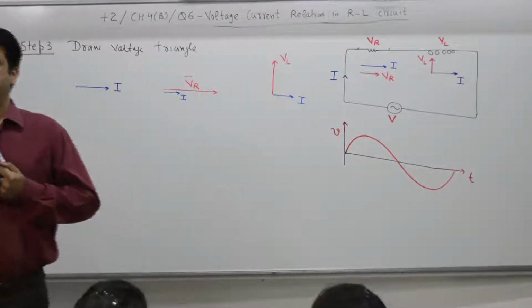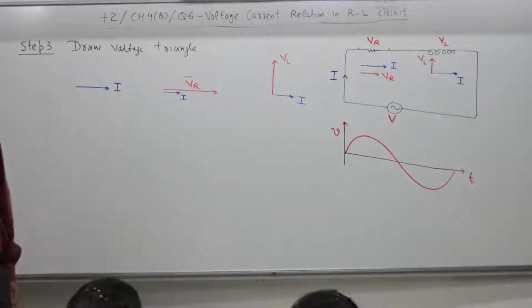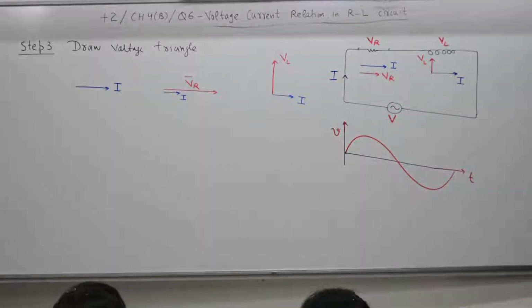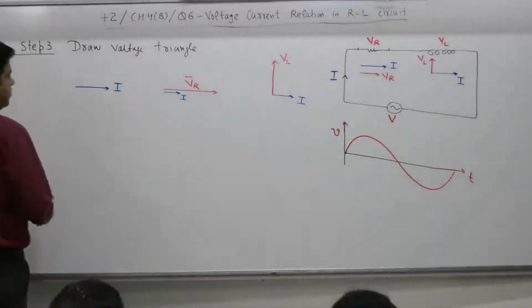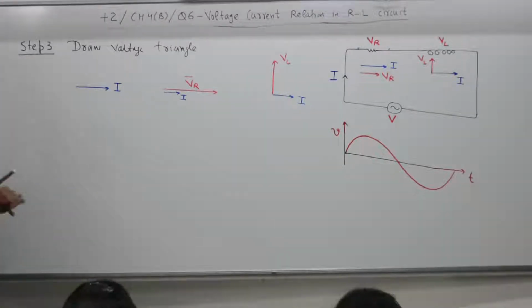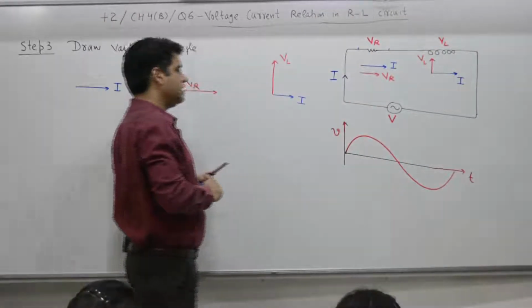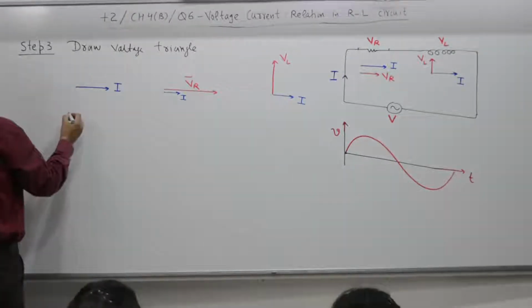2 minutes to draw VR and VL. Relationship: total applied voltage V is equal to VR plus VL, but this is not a simple algebraic sum, it is a phasor sum.